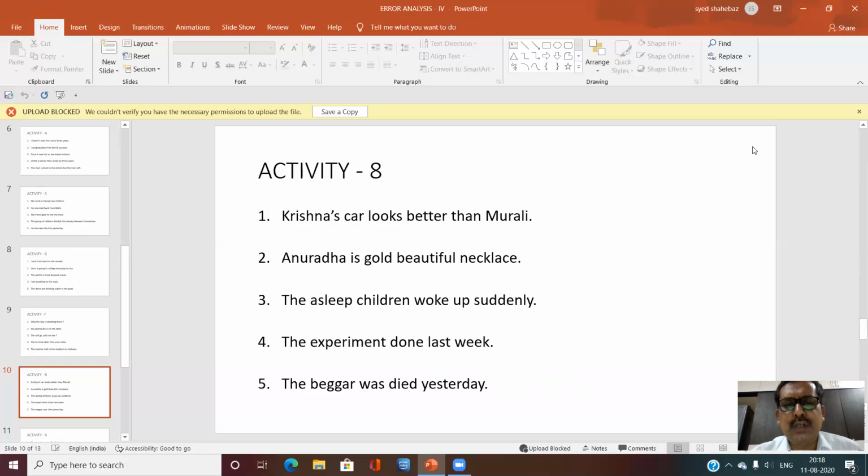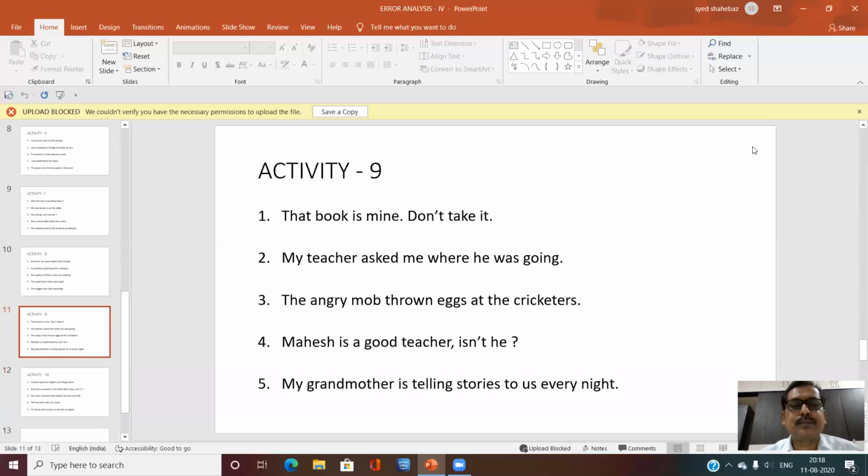The sleeping children woke up suddenly. The experiment was done last week. The beggar died yesterday. That is my book. Don't take it. My teacher asked me where he was going. The angry mob has thrown eggs at the cricketers.